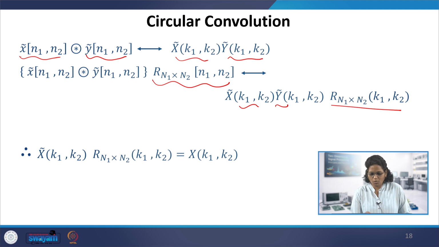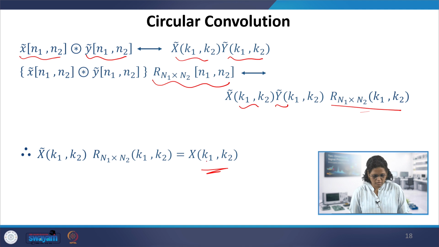So multiplying this y and x in the frequency domain and multiplying that with R is equivalent to multiplying here also in the time domain. So that's the key here: x tilde times R, and it is equal to, you get the finite sequence x. So we have seen already this multiplication in the time domain or in the frequency domain would result in a finite sequence.